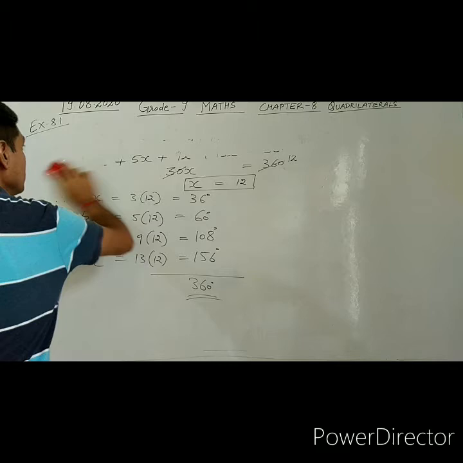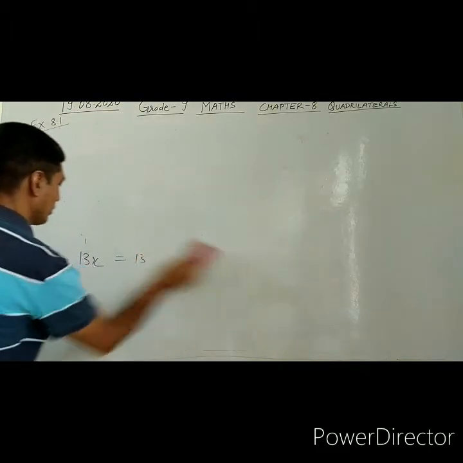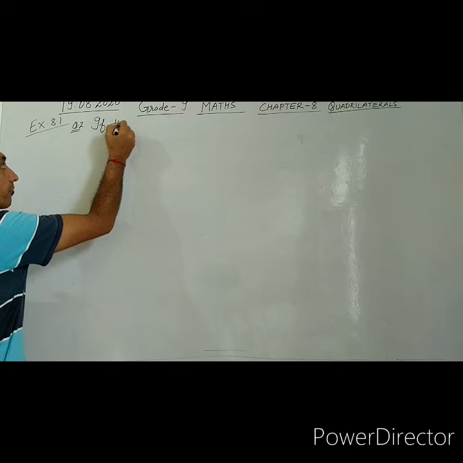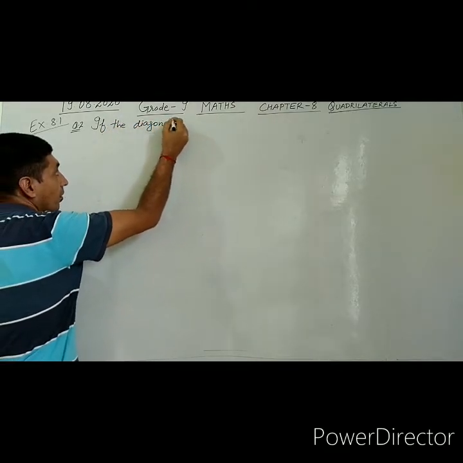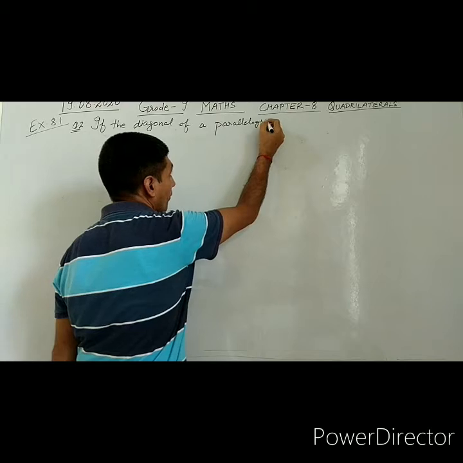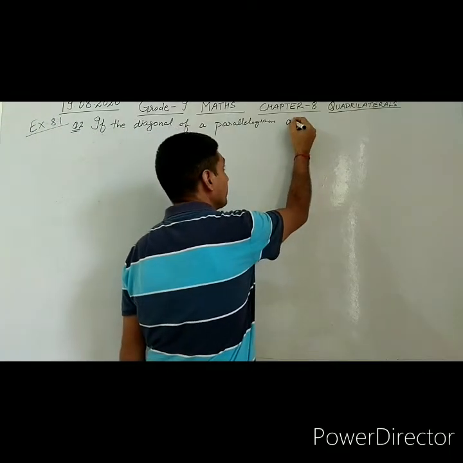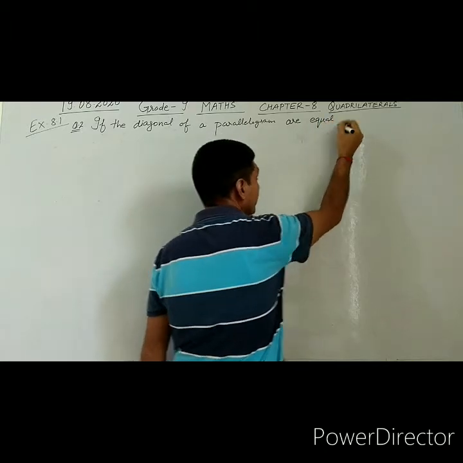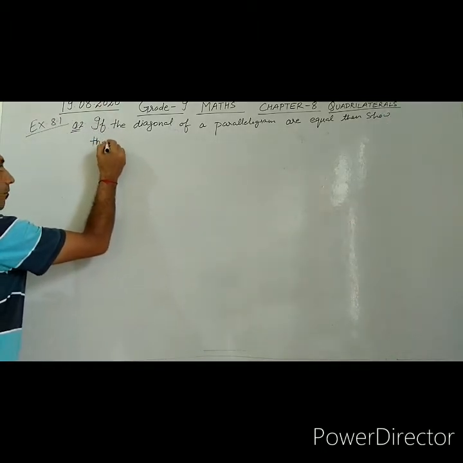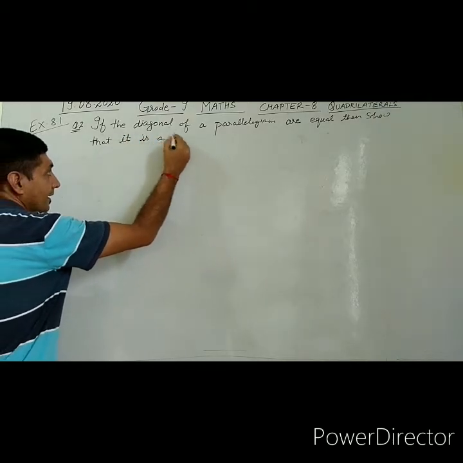It states that if the diagonals of a parallelogram are equal, then show that it is a rectangle.